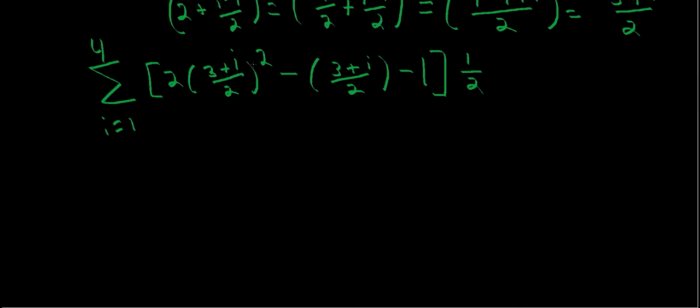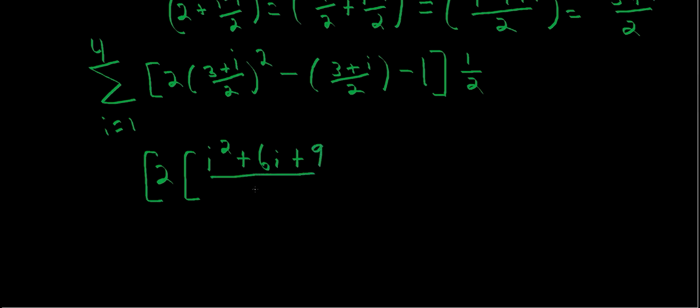So we can go ahead and figure this part out. Well, 3 plus I over 2 squared, 2 squared is 4, and then we just FOIL the 3 plus I part. So our outside term is still 2. And now in parentheses, FOIL the 3 plus I squared, which is going to be I squared plus 6I plus 9.